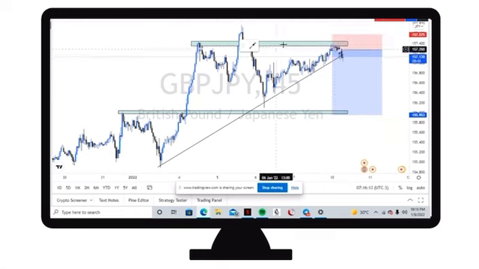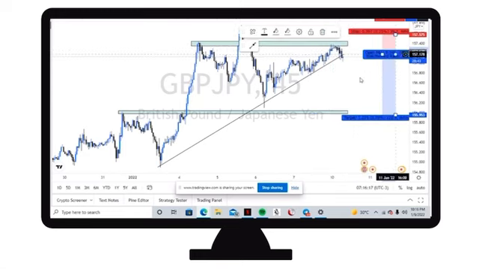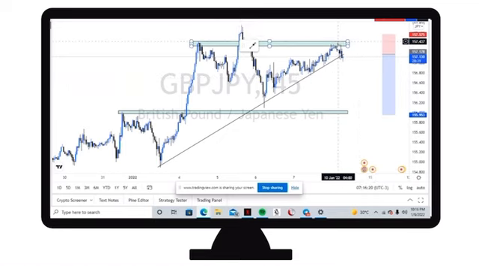Price came to this zone and did what? It made the retracement down. Price closed two to three candles.